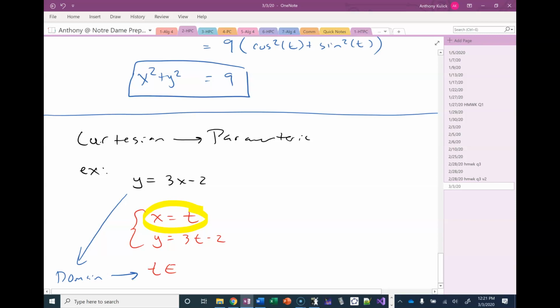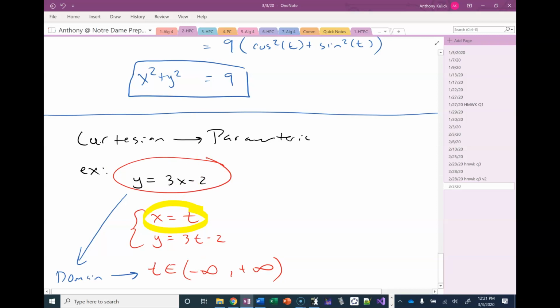So what's the domain for y equals 3x minus 2? It's all real numbers. So that's going to be the same as my interval for my parameter, and I'm done. So this is a polynomial, right?